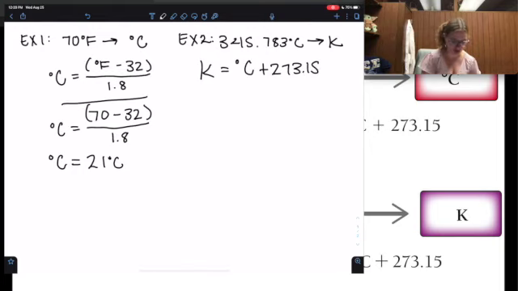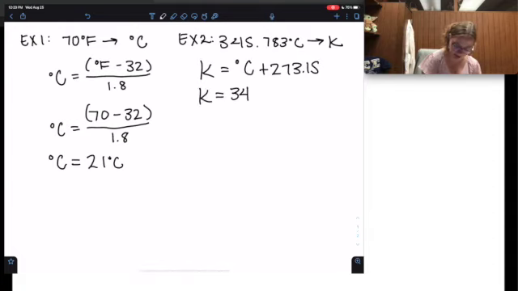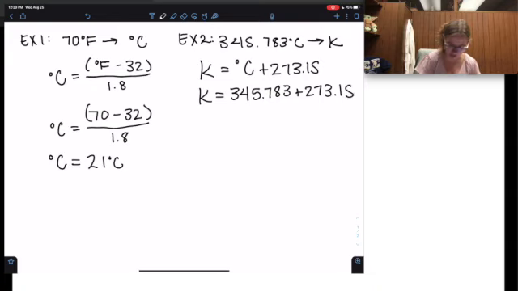I'm not going to choose the original equation we used in example 1 because it only relates Celsius and Fahrenheit. Here I'm going to look for an equation that relates Kelvin and Celsius. Again, we're just going to plug our value in. Kelvin equals 345.783 plus 273.15. That's pretty straightforward to type into your calculator. You can just add them up.